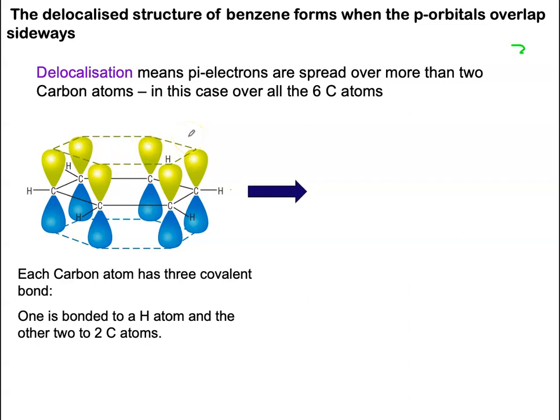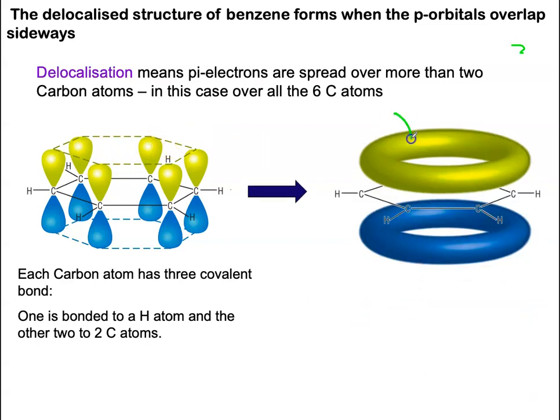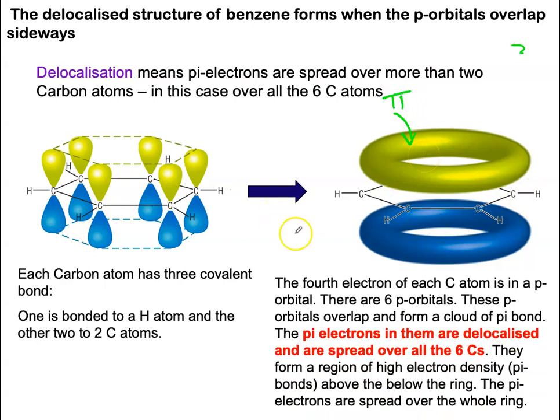That results in a cloud of pi electrons spread over the ring, and we said the 4th electron of each carbon is in these p orbitals, which overlap and form a cloud of pi electrons which are delocalized, spread over the ring, and this gives benzene its stability. So all you need to know is the delocalization of pi electrons over the 6 carbons gives benzene its stability.